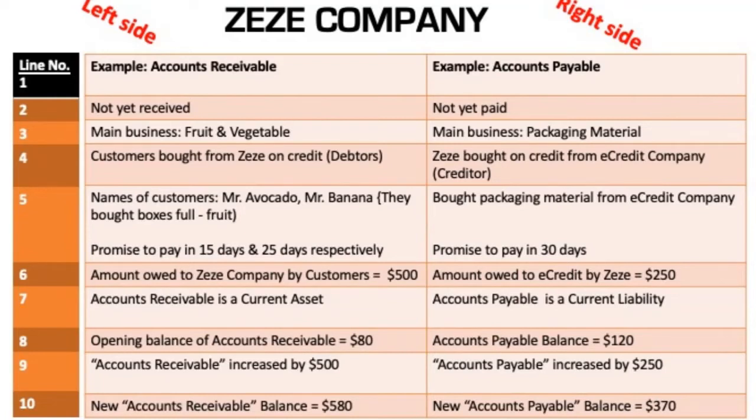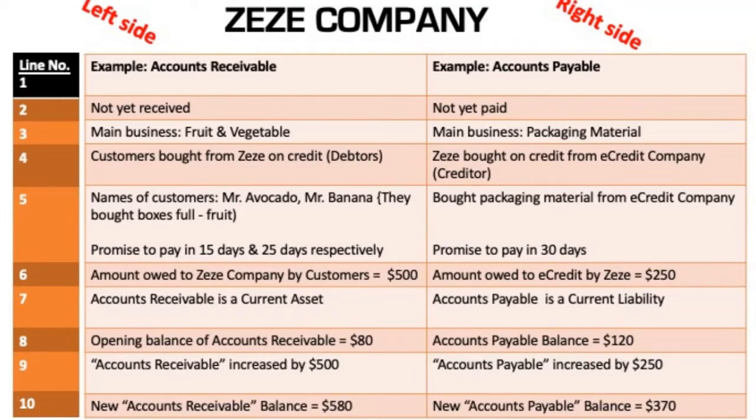Why is accounts receivable called a current asset? It is because everything else will happen within a period of a year. Even when you're looking at the current liabilities, everything else will happen within a period of 1 year.